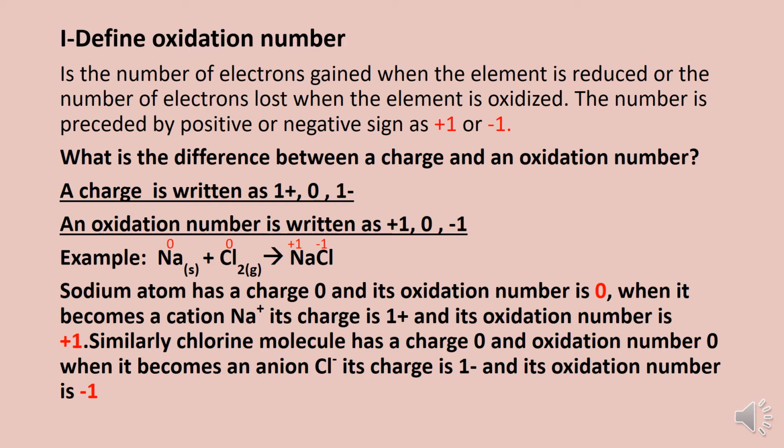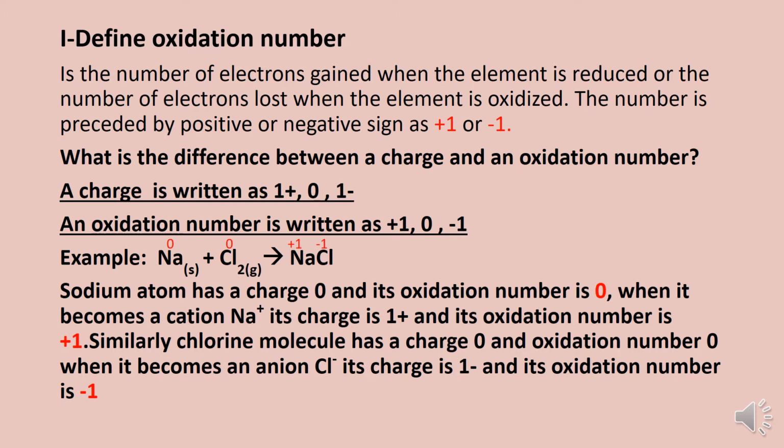Observe here the Na. Na is a sodium atom that has a charge of 0 and its oxidation number is also 0. When it becomes a cation, Na+, its charge is 1+ and its oxidation number is +1.